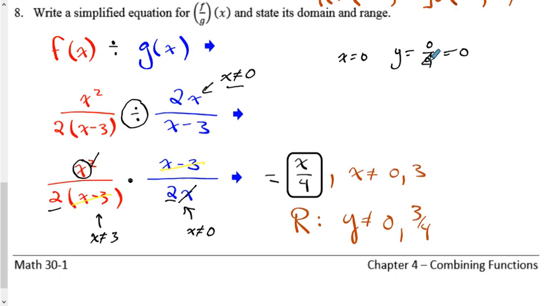Or if x is equal to 3, y is equal to x over 4, which is 3 over 4. So I found the y coordinates that go with these two x values if they had existed. But since they don't exist, these two y values don't exist.